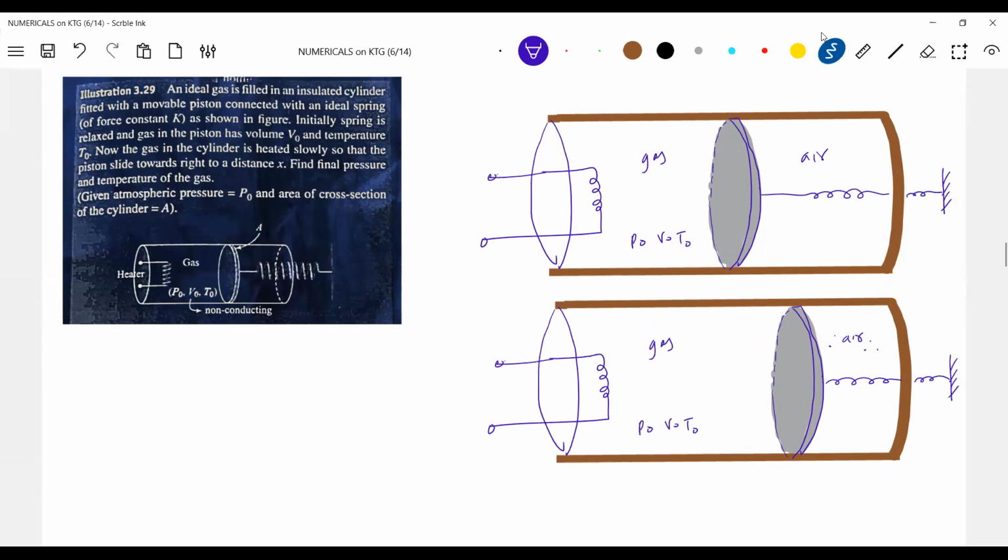It has slid through a distance x. Let's see what conditions will come.